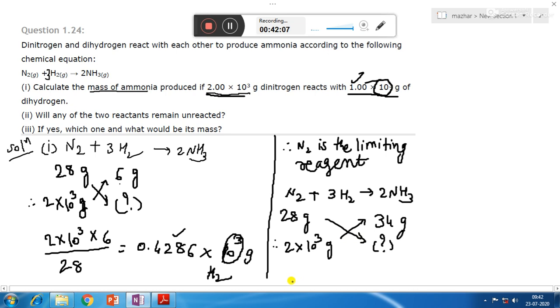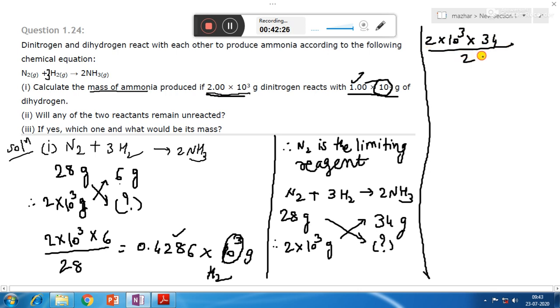So when you do cross multiplication, 2 into 10 raised to 3 into 34 divided by 28.